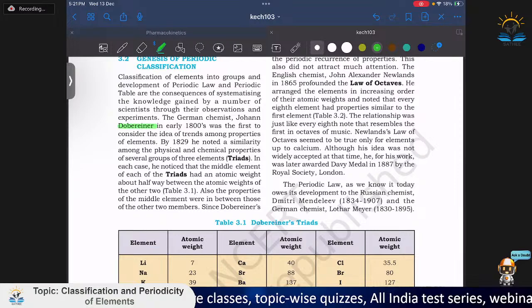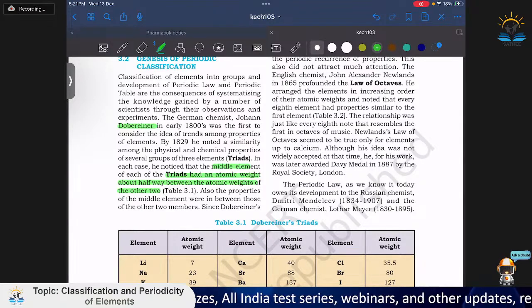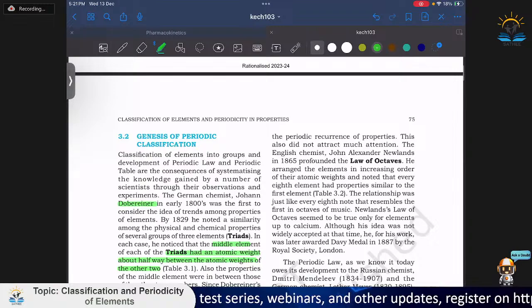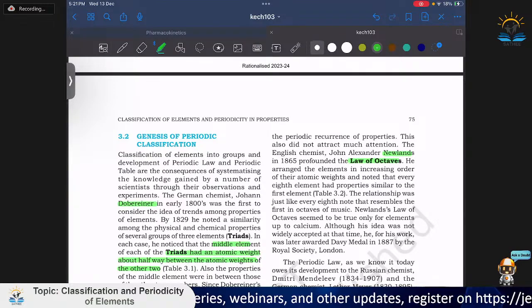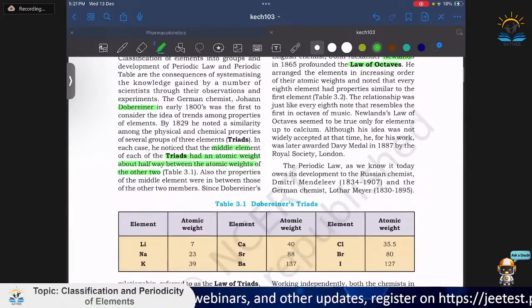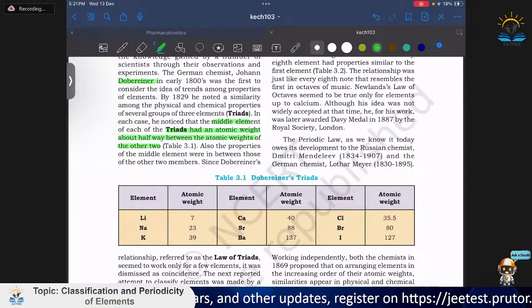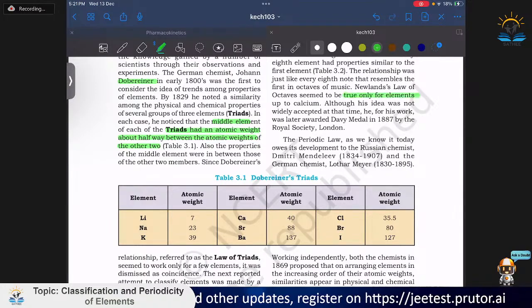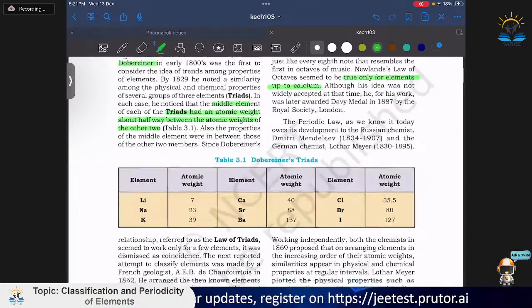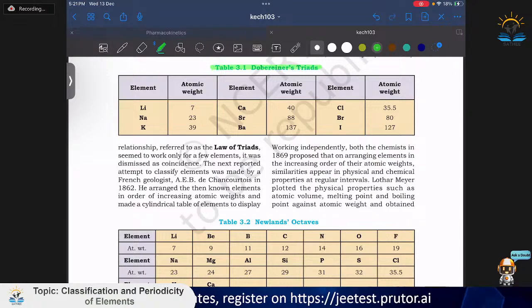So what are triads? In a triad, the middle element had an atomic weight about halfway between the atomic weights of the other two. Then came Newlands, who gave the law of octaves. He said that every eighth element has similar properties, but it was true only for elements up to calcium. They have given you a table of Dobereiner's triads and a table of Newlands' octaves. You can go through them.